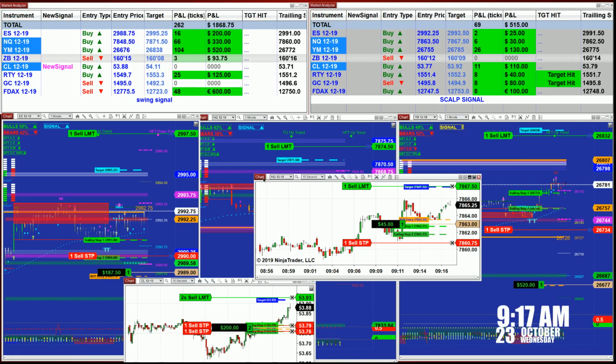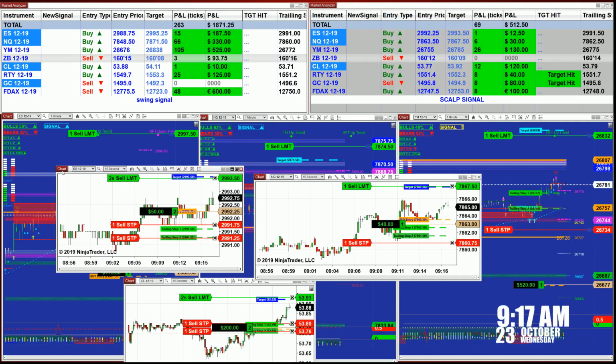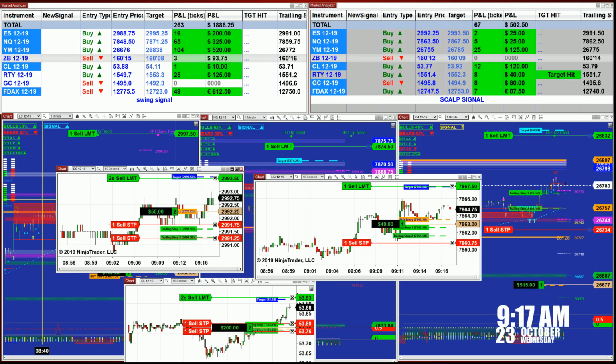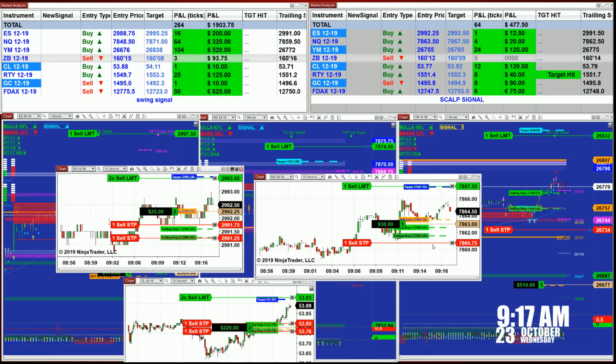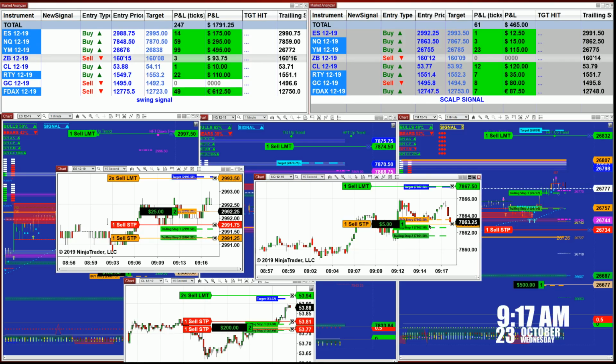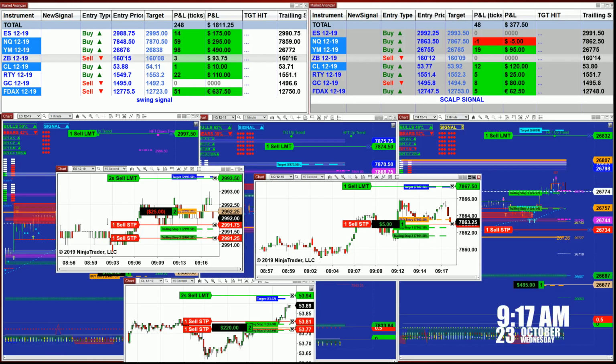This is the scalping, and the ES also scalping. There we go. I'm going to let him go and let him close. And then I'm going to go ahead and secure it at break even because it's getting closer to the opening.